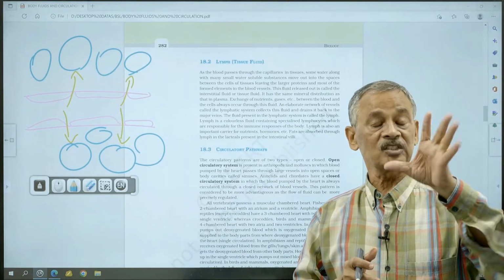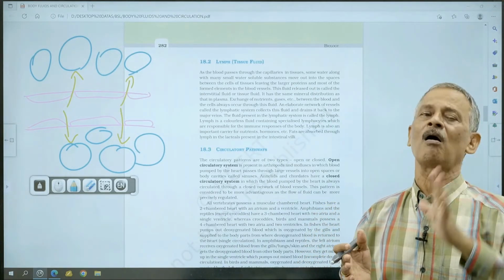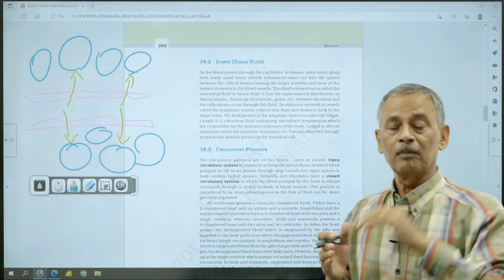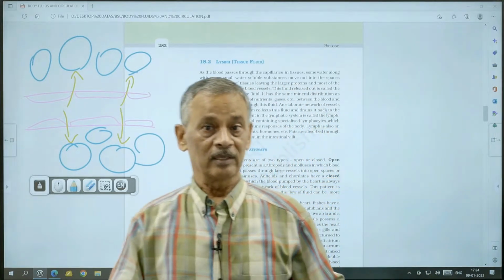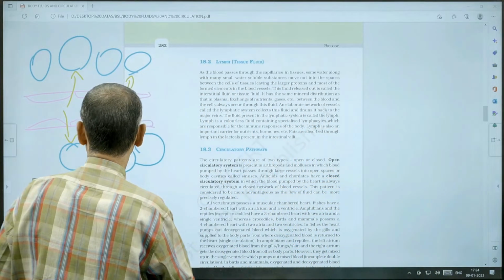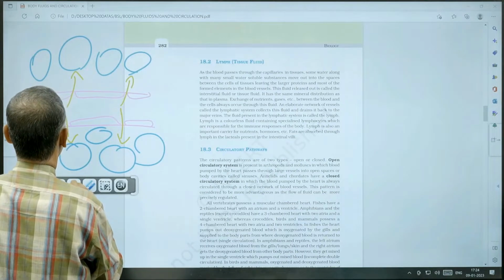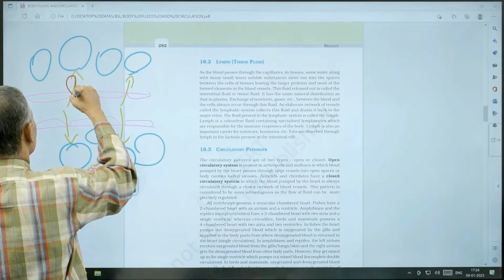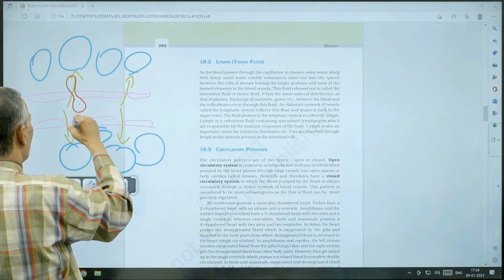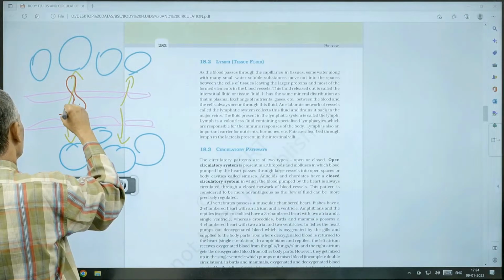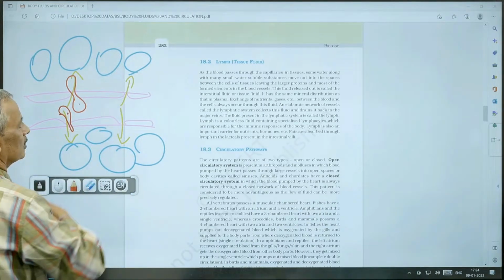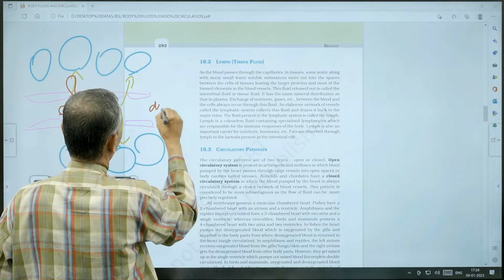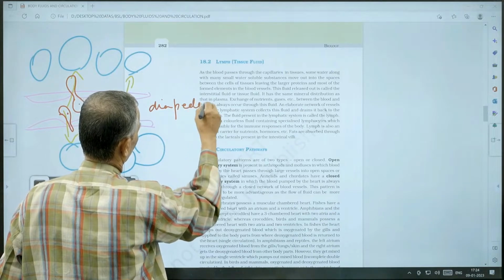Remember, large sized proteins are not coming, only very small sized ones. Blood cells also do not normally come, but you will have some WBCs coming out. Why can they come out? Because they can change their body shape. By amoeboid movements, they squeeze between the gaps. This movement of WBCs is called diapedesis.